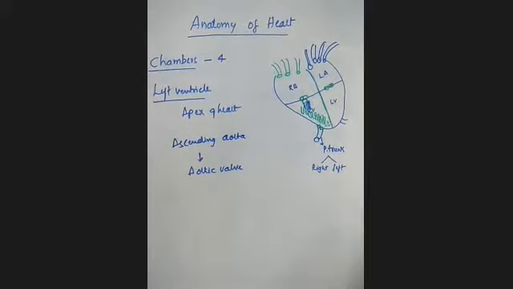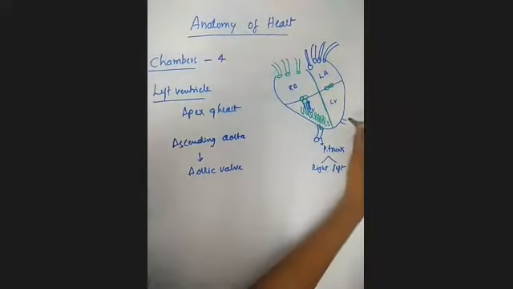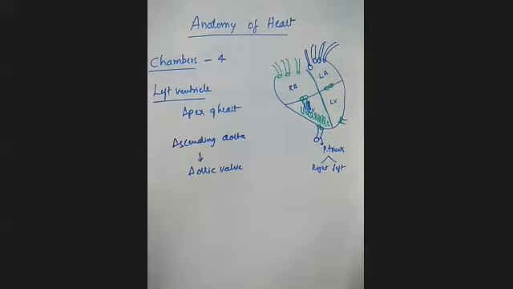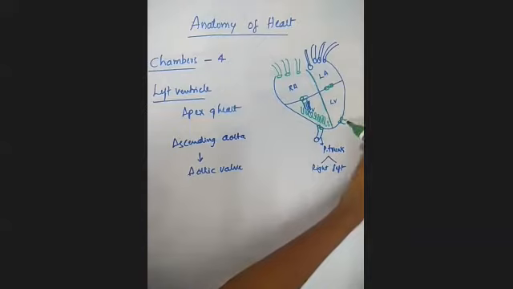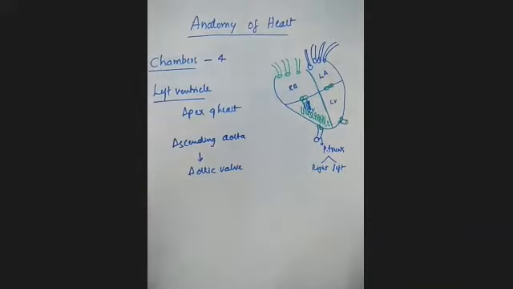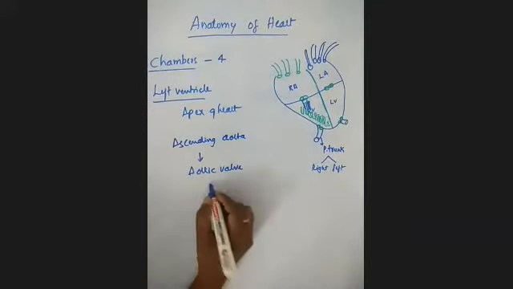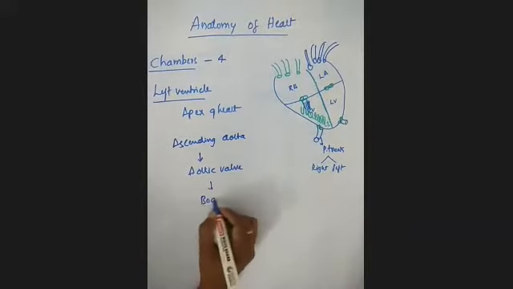Here you should remember the different types of valves. Here you have another valve, the aortic valve. From the left ventricle, the blood enters the ascending aorta with the help of this aortic valve, and from there the blood is distributed throughout the body.